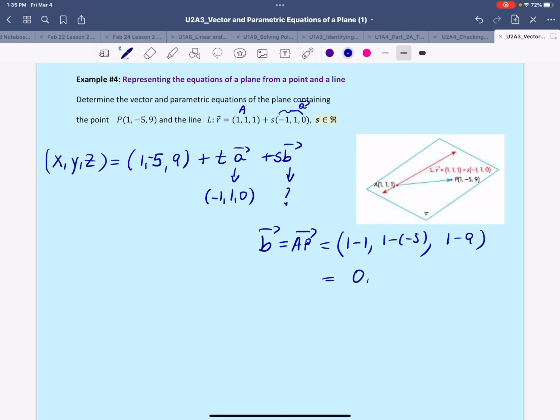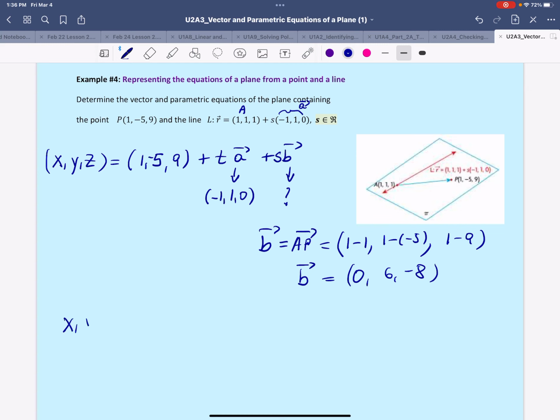So that would be (0, 6, 8). So we're going to say this can be used as a direction vector B. Remember, any multiple of this vector can be used as a direction vector. And just for the fun of it, even (0, 3, 4) can be another possible direction vector. We're going to leave it at the first one, okay? So we won't confuse or mix things up.